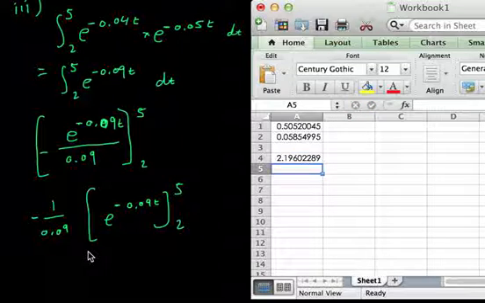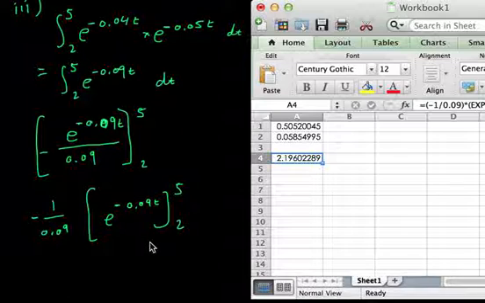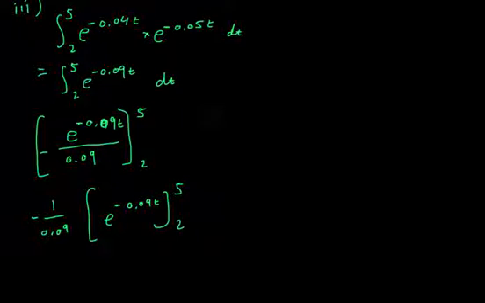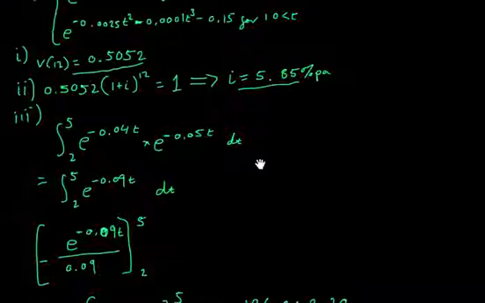What does it become? 2.196, which is approximately 2.20 pounds, whatever it could be. So that's the answer to part 3, 2.2.